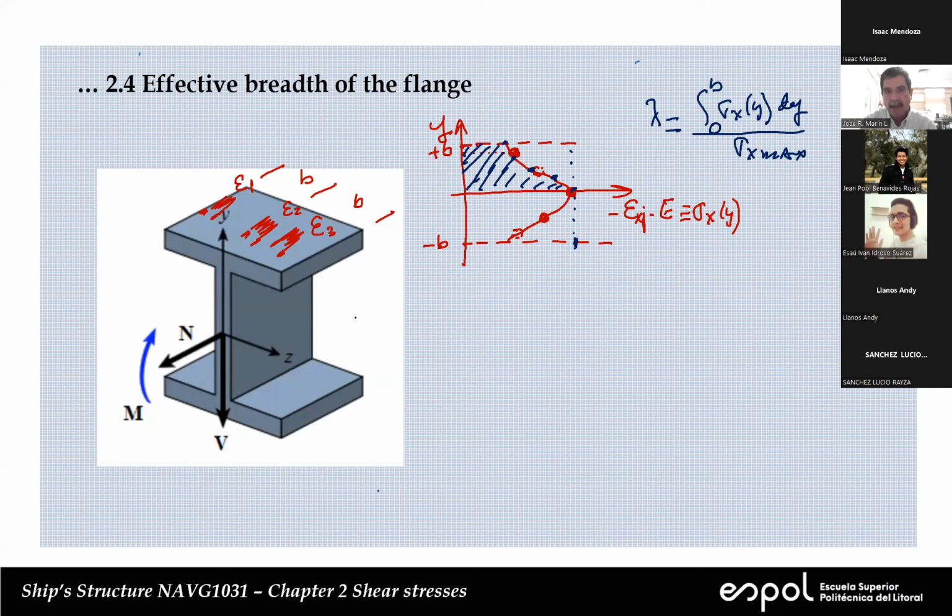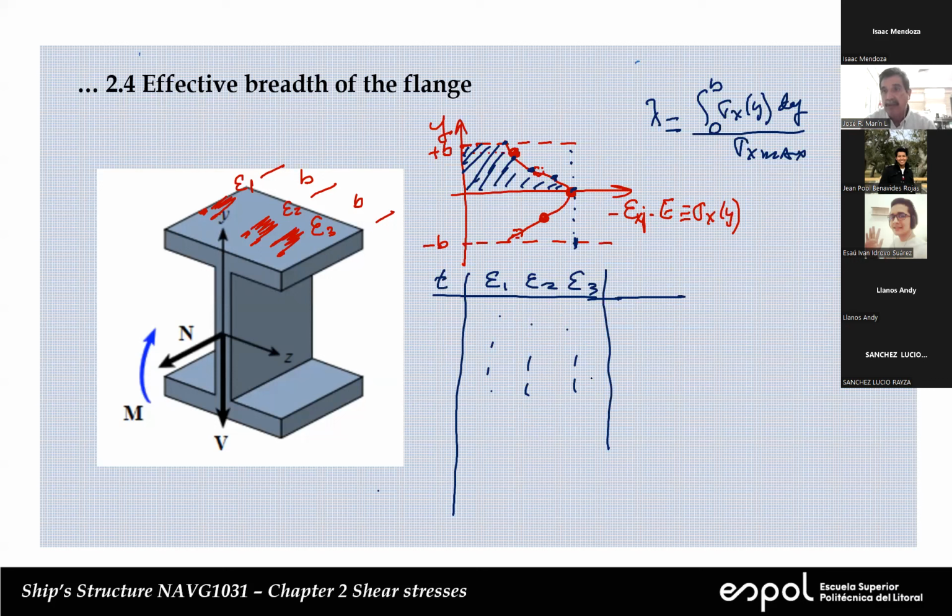Okay, now your question is, I have a value for the time, and then you have epsilon 1, epsilon 2, epsilon 3, right? Okay, now, there are several things that you can do.